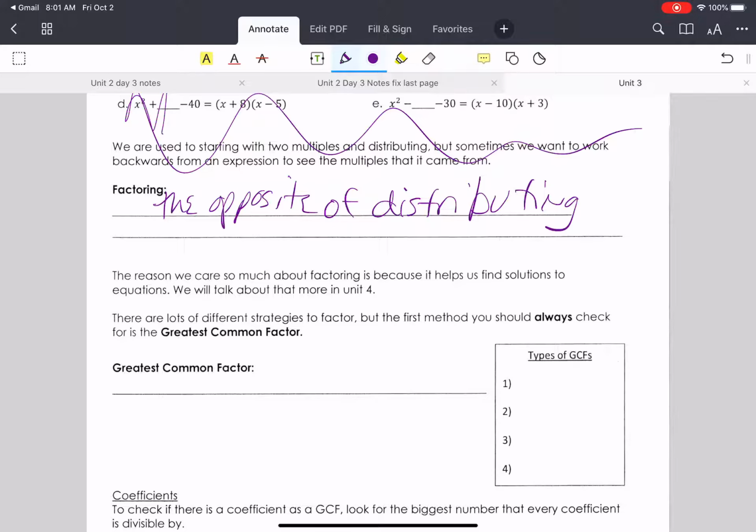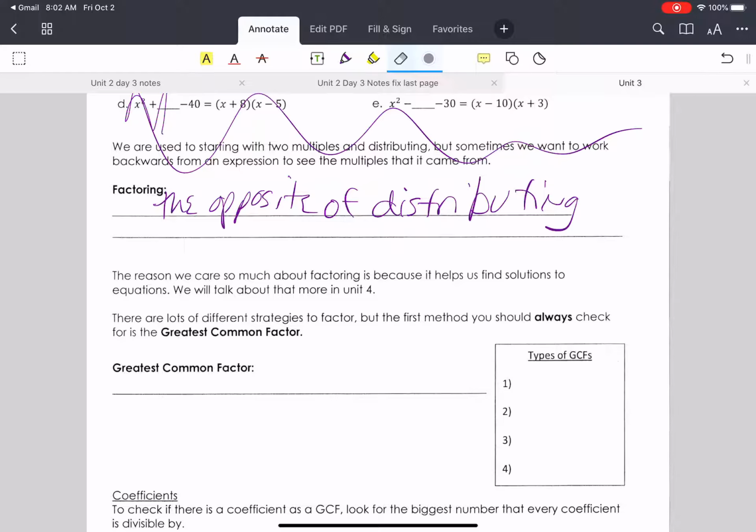The first thing we're going to talk about is greatest common factor. Does anybody remember what that means, the greatest common factor? Anybody remember what that means from previous math classes? What's the greatest common factor? Anybody? If it's the amount of number, no, that's a good guess though.